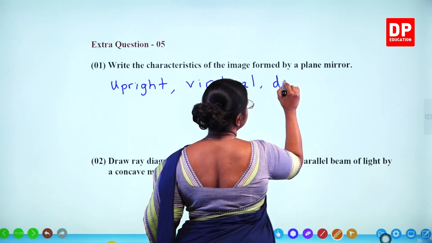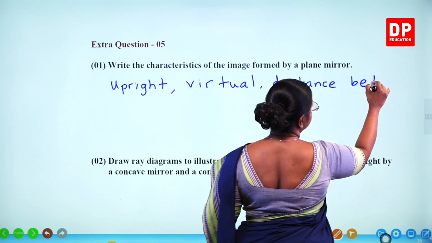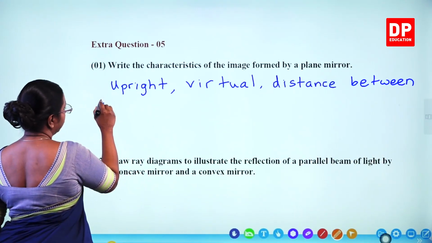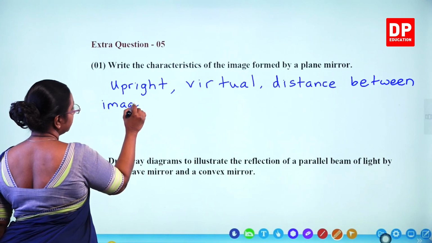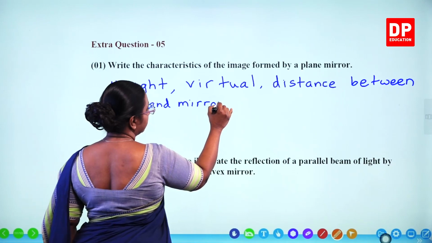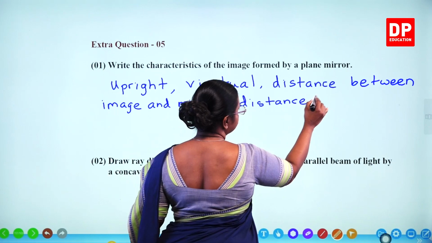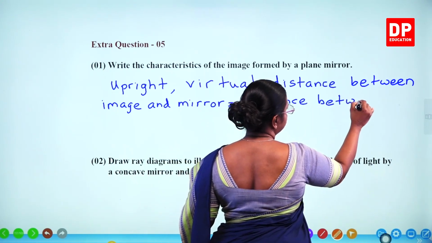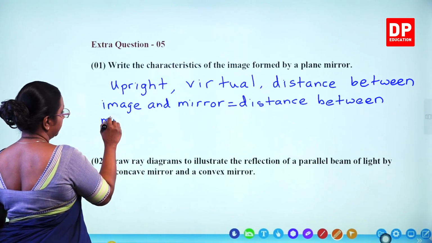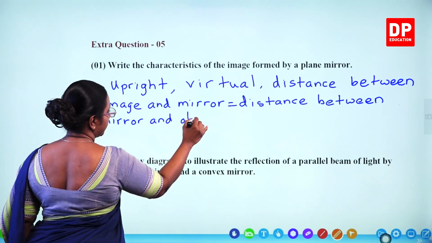So distance between image and mirror equals distance between mirror and object.